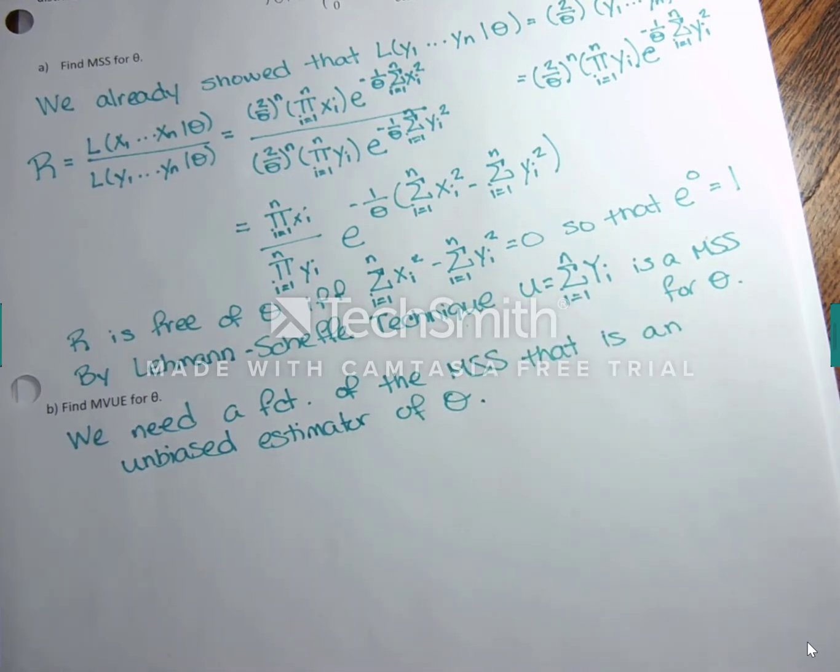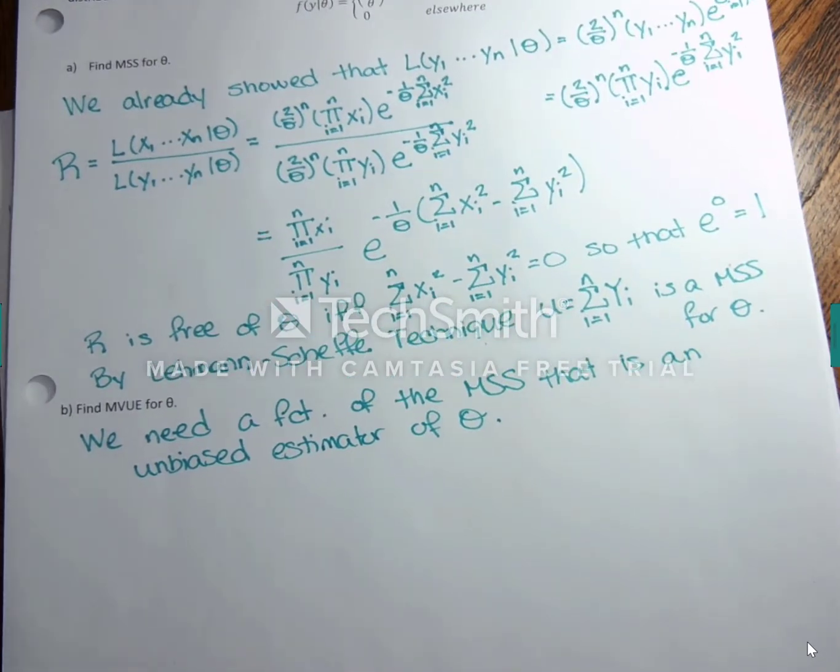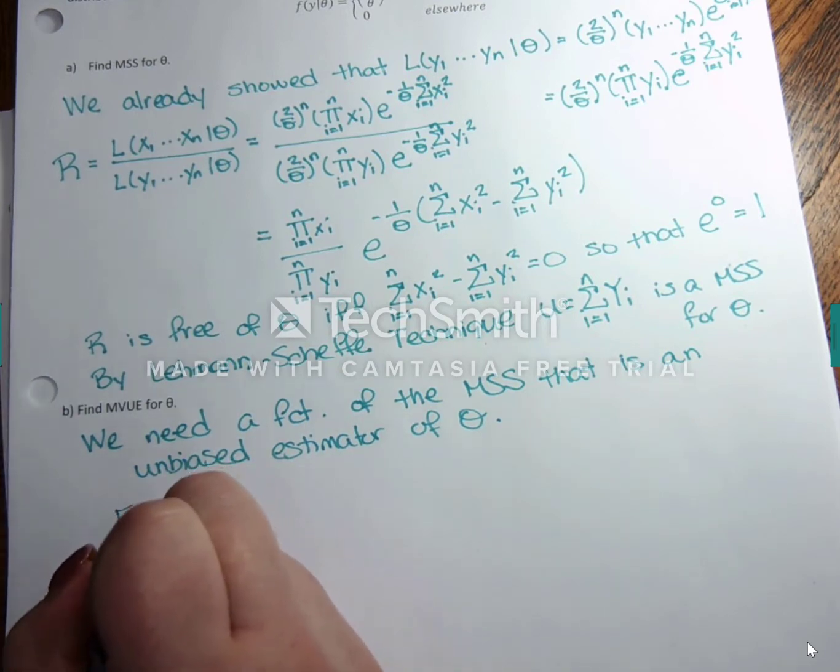So we're going to start out by looking at the expected value of U. If U is biased, then we're going to try to find some function of U that is unbiased. So we're going to start out with our expected value of U.